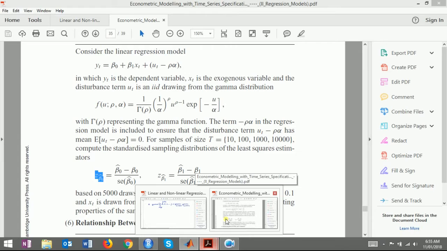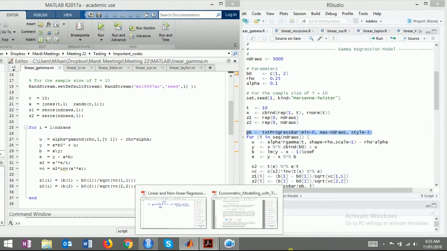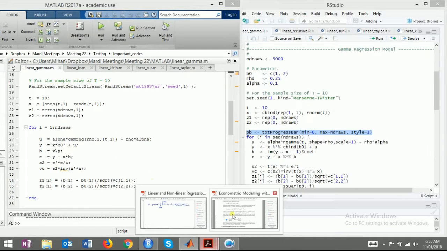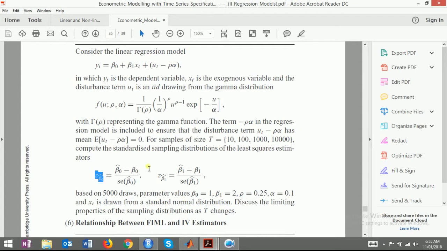Minus rho, u_t equals, yeah, y_t minus beta naught minus beta x_t equals rho alpha. Then simply rho alpha. So alpha into gamma, u_t equals, minus expected value of u_t minus rho alpha equals 0.